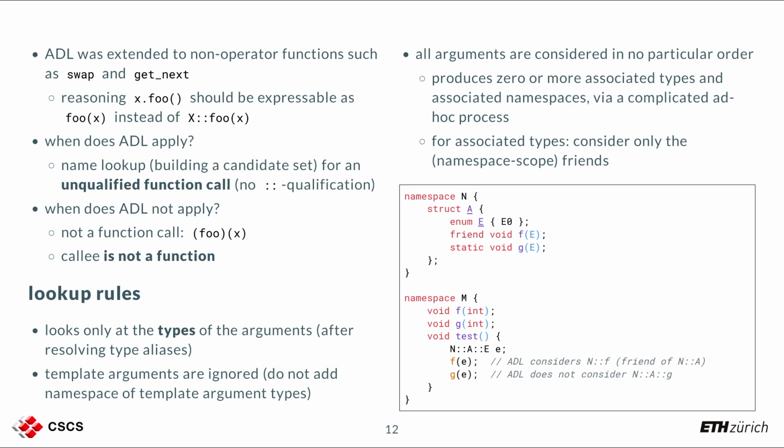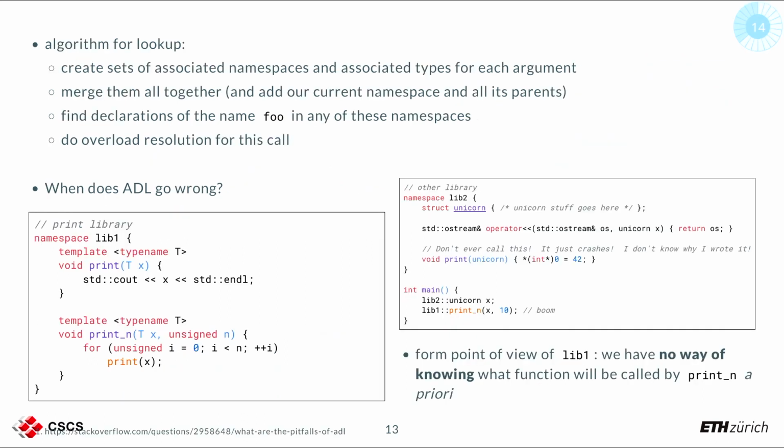So if I call F on E, it will consider the namespace of A, because F is a friend, but on G it will not do it. So you see, there are quite some subtleties you have to know if you really want to dig into that. In the end, it does create a set of all these namespaces and finds the best overload that can match the arguments.